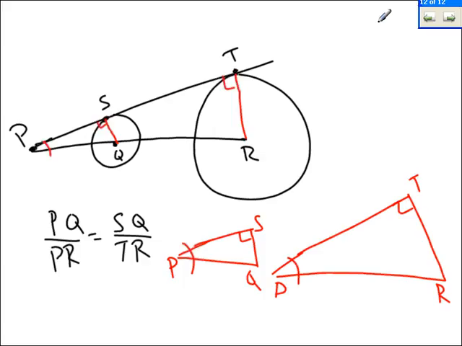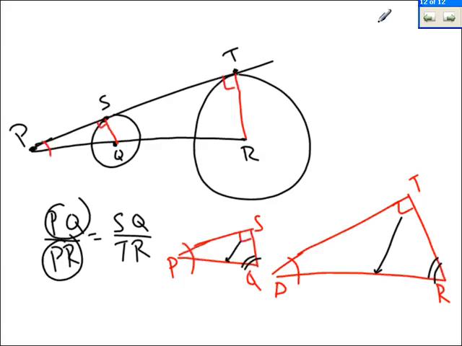So these are not congruent triangles. Of course not. One's inside the other. They can't be the same size. By the third angle theorem, the third angles have to be the same. And that's enough for me. PQ is in the little triangle and it's opposite the right angle. And in the big triangle, opposite the right angle is PR.